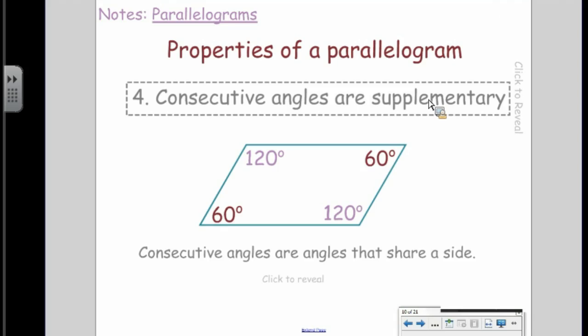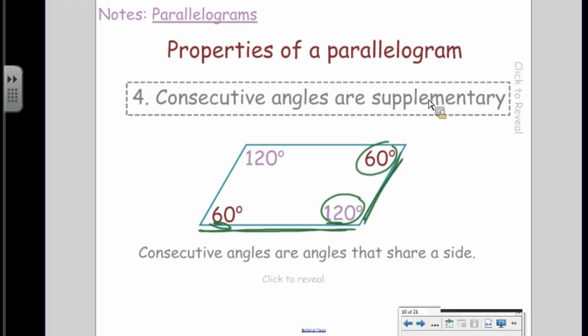So you see how 60 and 120, they're sharing this side. This 120 and this 60 are sharing this side. Whereas angle 60 and angle 60, those don't share a side. Those are opposite. So consecutive is like whichever angles are not opposite.